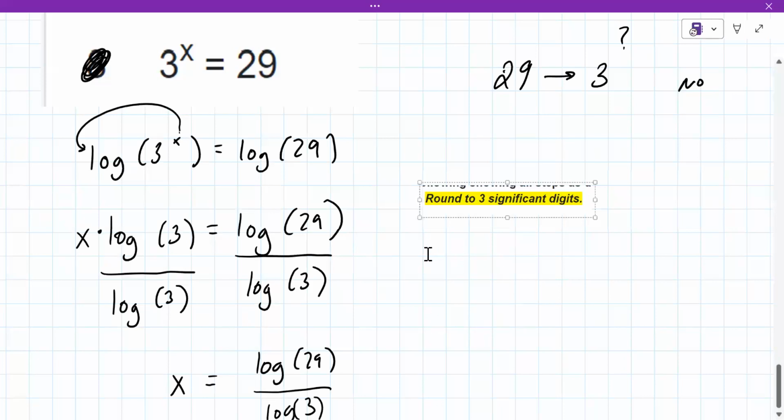Okay. So I want you to give me the first 4 digits that you see when you go to the calculator. And let me know if you need help finding that log button again. You can also just type log as well.